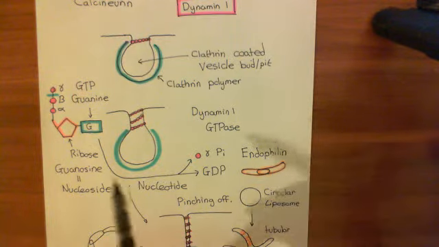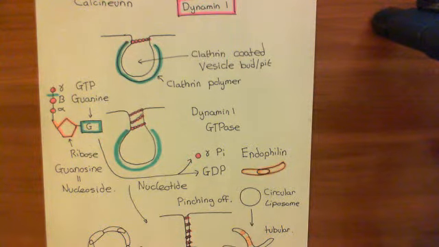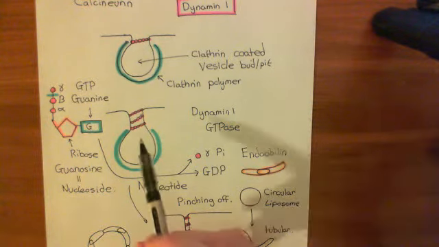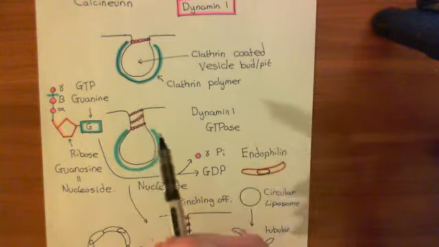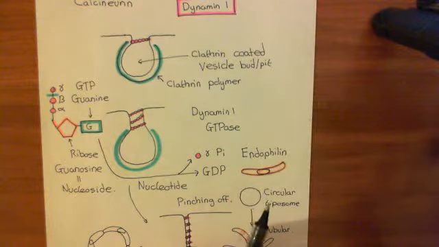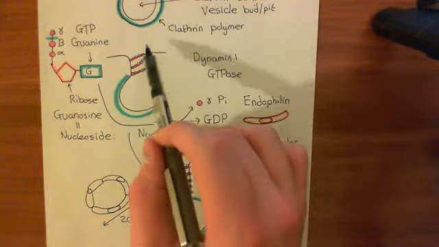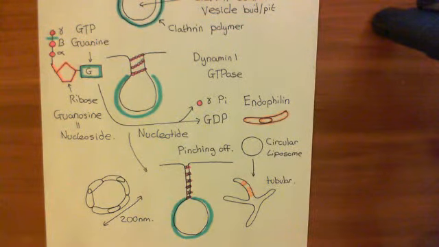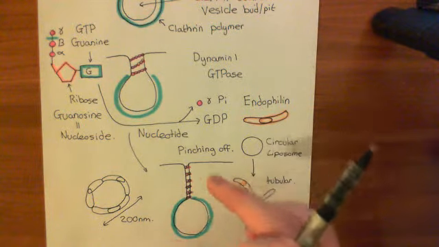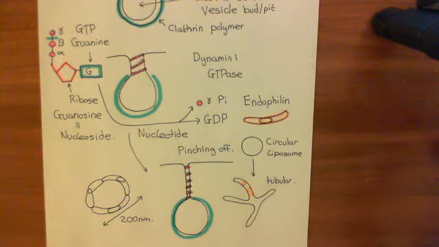And when the Dynamin 1 starts hydrolyzing GTP to GDP and inorganic phosphate, the energy released from that hydrolysis is used to tighten the Dynamin 1 spiral around this neck, thinning the lumen of the connecting stalk between the clathrin-coated vesicle bud and the extracellular space hugely, and lengthening it at the same time. And that's going to pop this vesicle off, and then you will have a clathrin-coated vesicle. Okay, so that's the process of pinching off then.